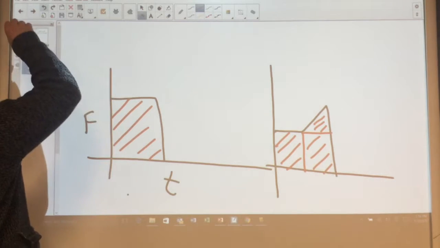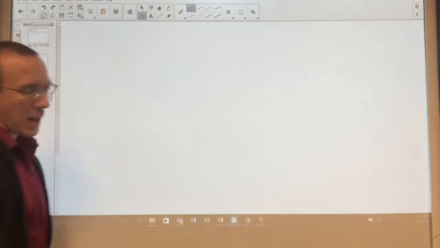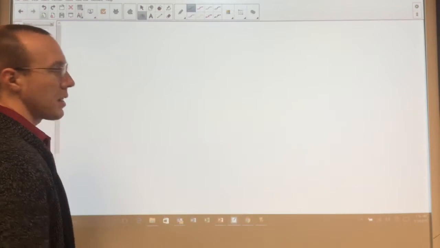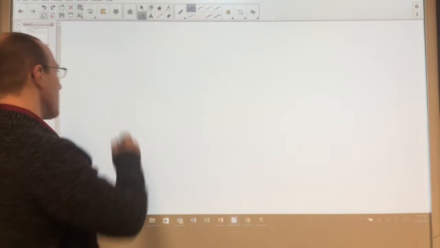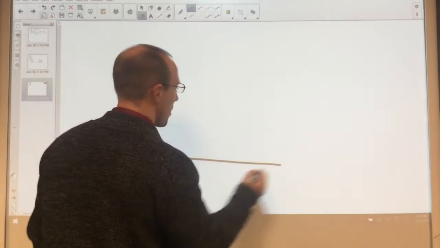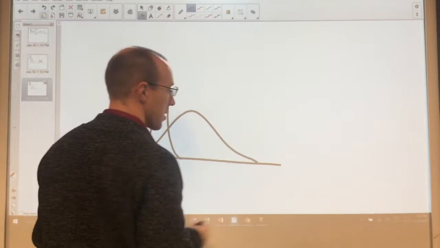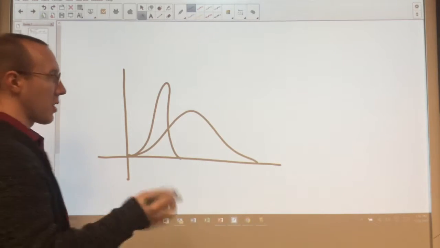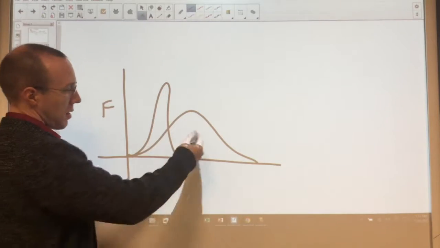When we have different types of collisions, okay, and different types meaning elastic or inelastic, the graphs might look a little bit differently. So it'd be good to know the difference between something like this and something like this. Like maybe an example for each. This could be knees stiff, this could be knees bent.